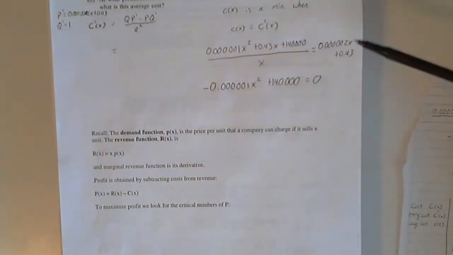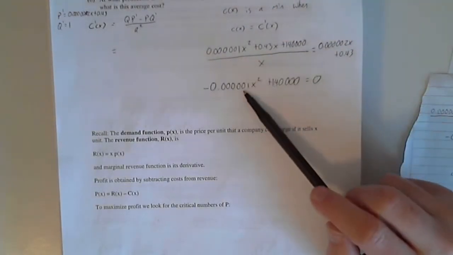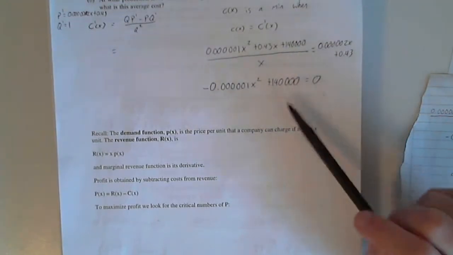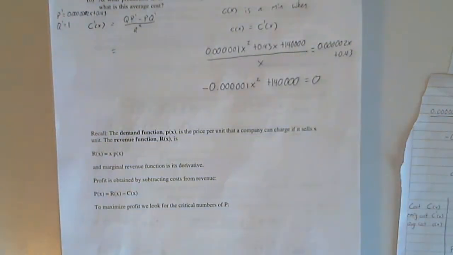So after we subtract, this one is twice as big, so it leaves a negative 0.000001 x squared plus the 140,000, and the middle term is gone now. And then we just have to solve this for x.